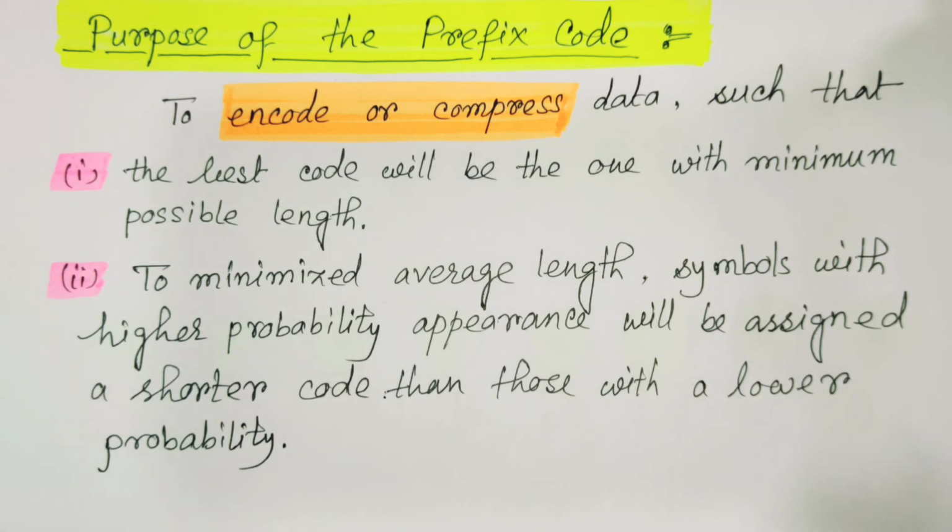For that we should take the best code which creates the minimum possible length of the given information. And not only that, to minimize average length, symbols with higher probability of appearance will be assigned a shorter code than those with lower probability. What does it mean?